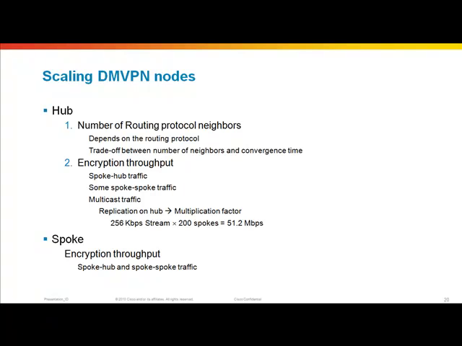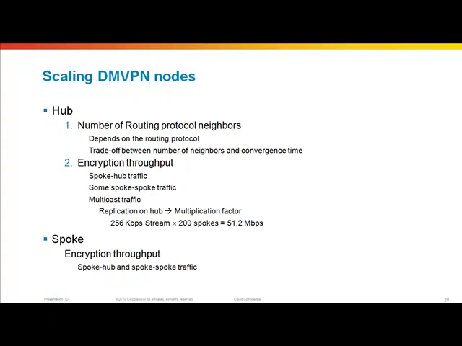Scaling DMVPN nodes. Again, the hub is a very important point of the network, and the main scaling point is the routing protocol. Once we bring up the spoke-hub tunnel, I'm going to run a routing protocol like EIGRP, OSPF, BGP, or RIP. We can run various different routing protocols.